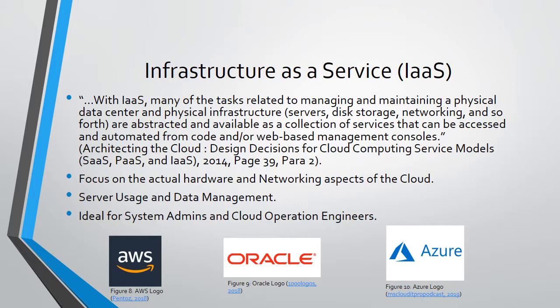Now, IaaS is designed for system admins and cloud operation engineers. It just focuses on the actual hardware and networking aspects of the cloud. And usually, when a system admin needs to check on the actual infrastructure, they will go to an application on a web browser, just open it and see the actual load of the servers in real time, and basically distribute the load if they see a spike on a specific server.